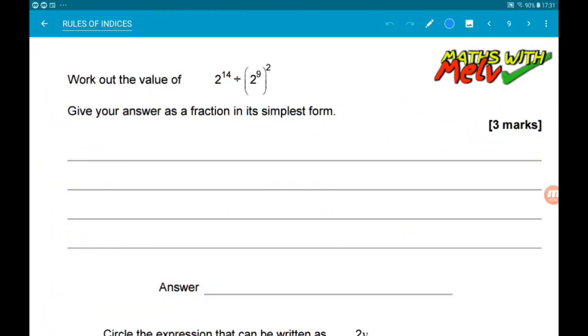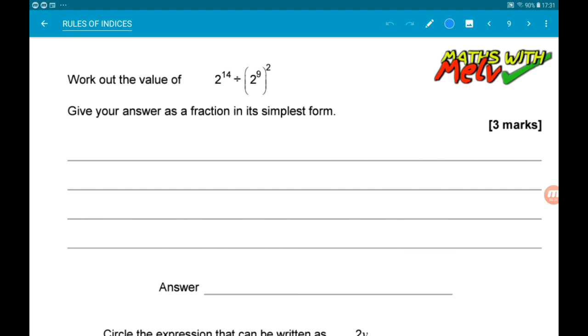Okay, next up, we want to write down the value of 2 to the power of 14 divided by 2 to the power of 9 squared, giving our answer as a fraction in its simplest form. Okay, so the first thing I'm going to do here is sort out the 2 to the power of 9 squared.